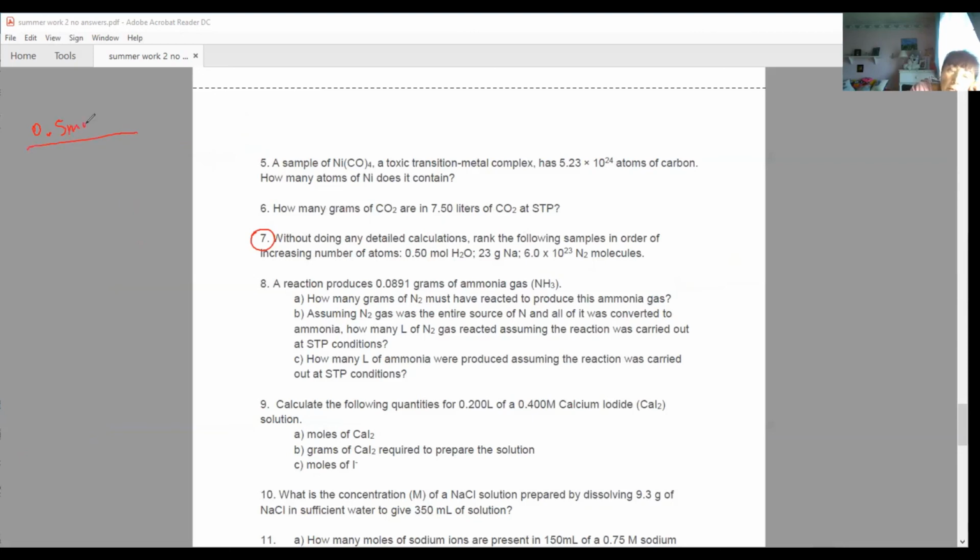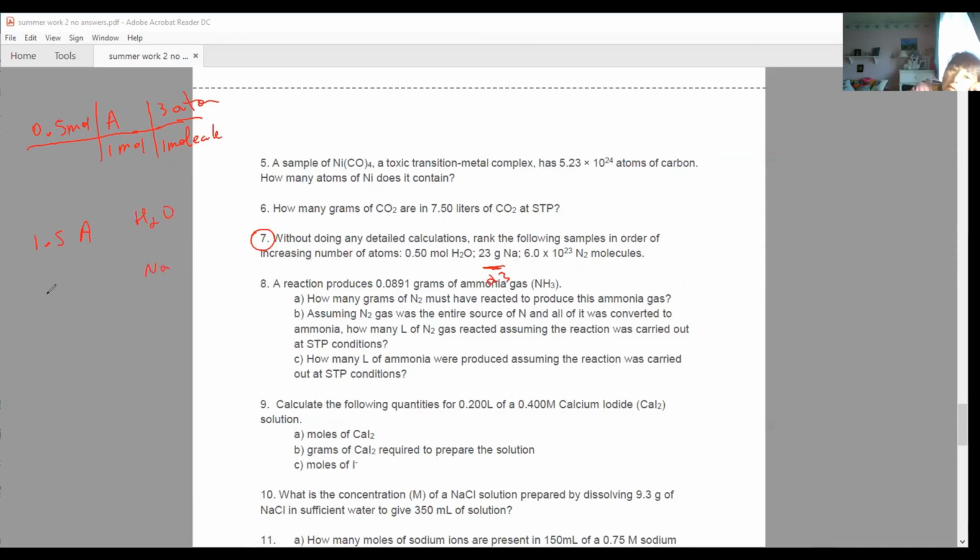In 1 mole there is the Avogadro number of molecules, and in each molecule there are 3 atoms. So this is 3 times 0.5, though we shouldn't do any calculations anyway, but just to understand, this is 1.5 times the Avogadro number.